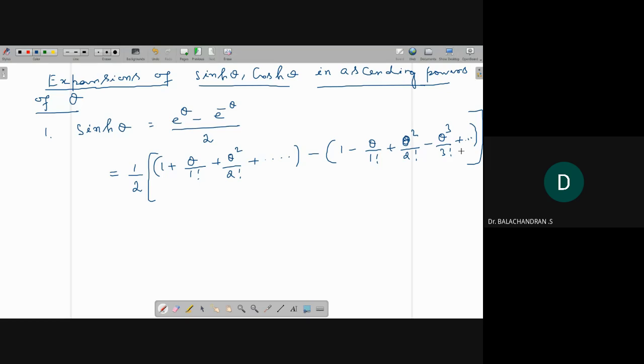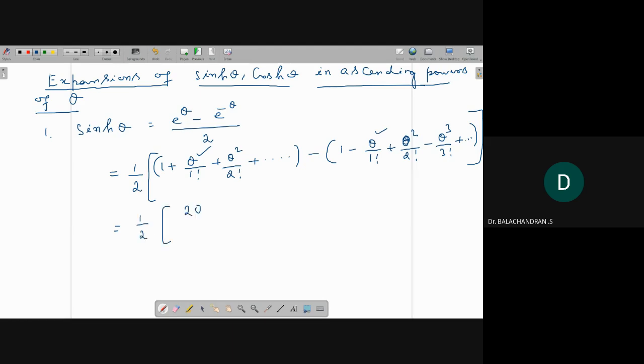So close the bracket. Now you can see here 1 and minus 1 get cancelled, and theta square by 2 factorial and theta square by 2 factorial get cancelled. So remaining, you have 2 theta divided by 1 factorial, but here we have 1 by 2.